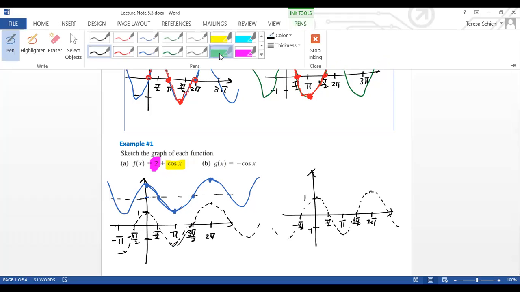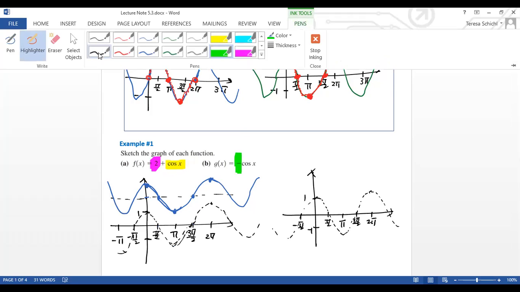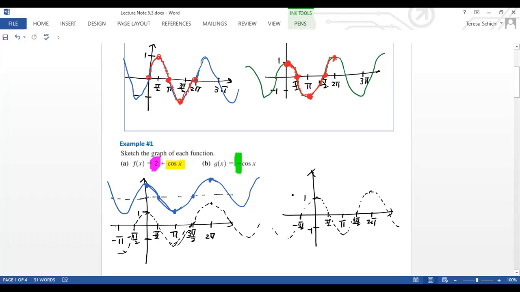Now, this is my parent function. What is this transformation? You have a negative sign. What is that transformation? That is reflecting over what? Reflect over the x-axis, so this one will go into the positive. Pi over 2 will still be 0. Pi is negative 1, it jumps up to positive 1.